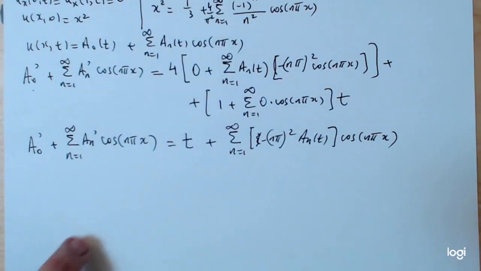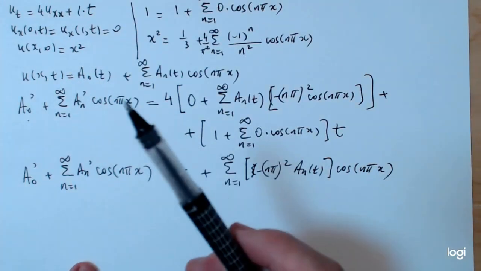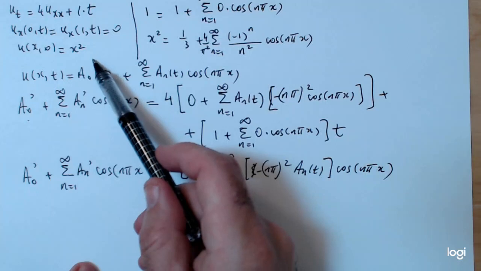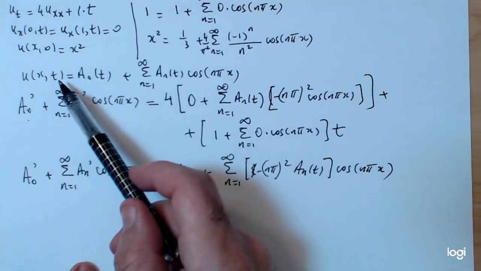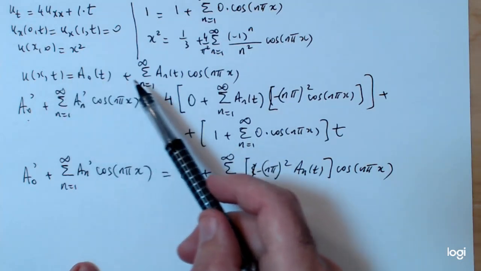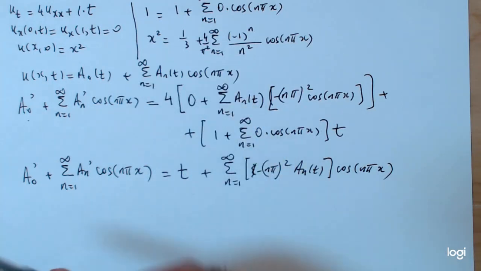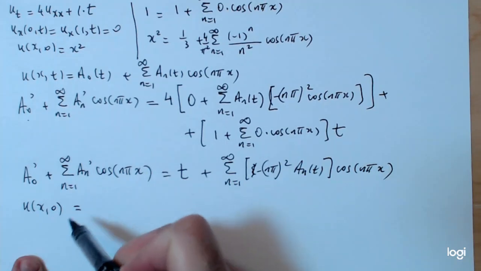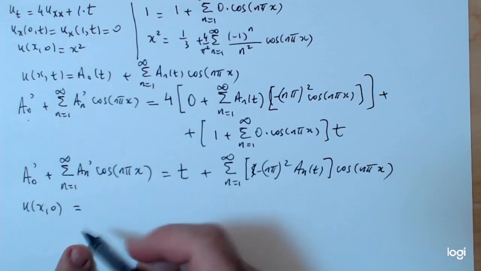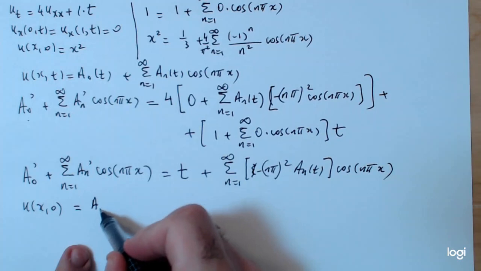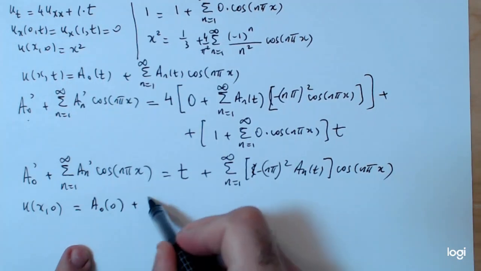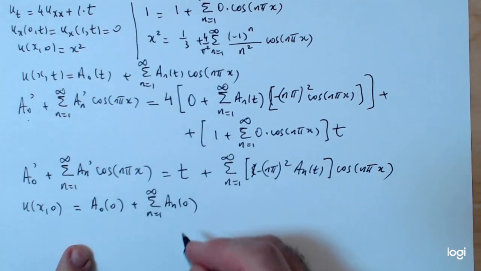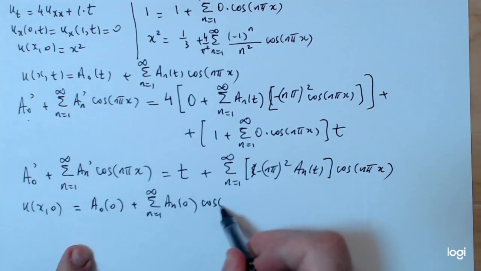Now, second thing to do before we match the equations, let's deal with the initial conditions. Okay, so you're going to plug in 0 for t into the linear combination we take here, so u of x, 0 equals a naught of 0 plus summation from 1 to infinity a n of 0 cosine of n pi x.